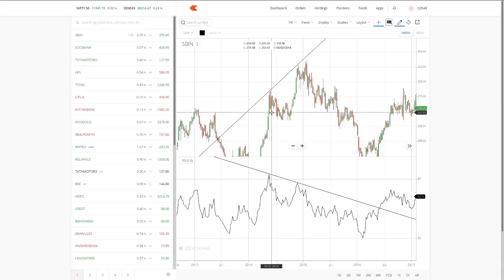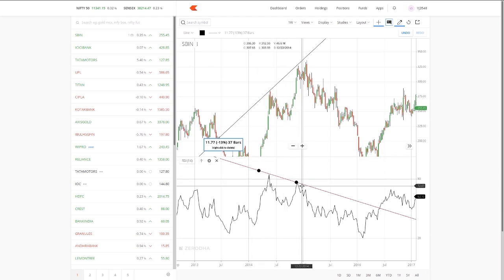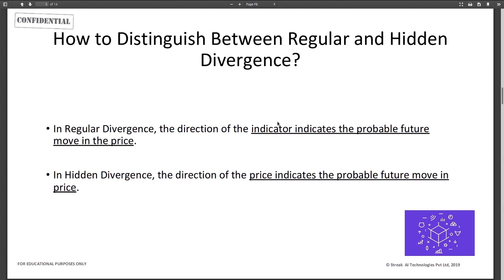Remember this: this is a regular divergence, and here the indicator is showcasing a downward trend because it formed a lower high, indicating that a bearish trend might start. So keep this in mind: in a regular divergence, the indicator indicates the future of the price, whereas in hidden divergence, price indicates the probable future move of the price itself. Is this clear?